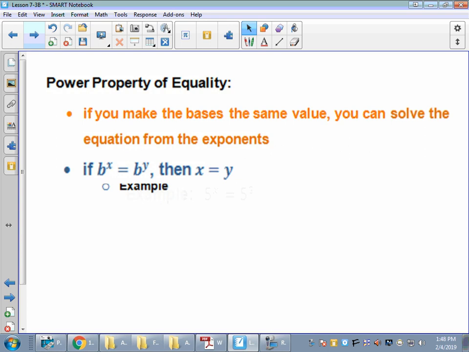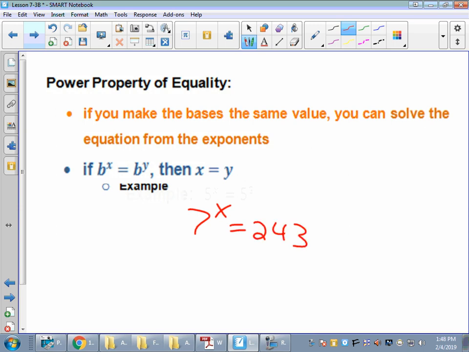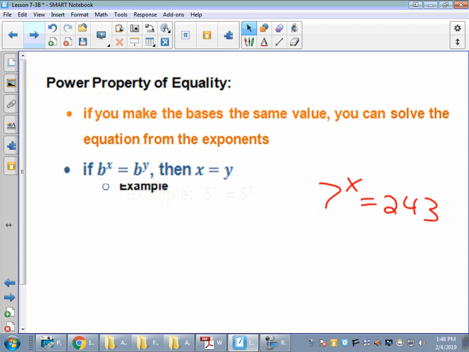Okay, another example would be the example we used on the first page there, 7 to the x equals 243. But one example would be if we had 5 to the x equals 5 to the third power.